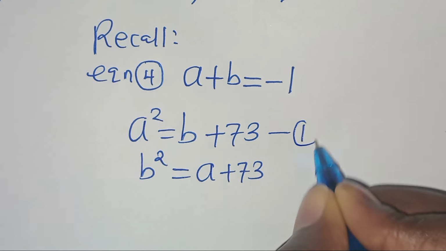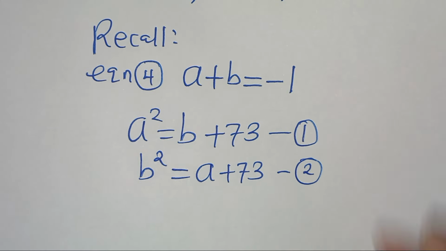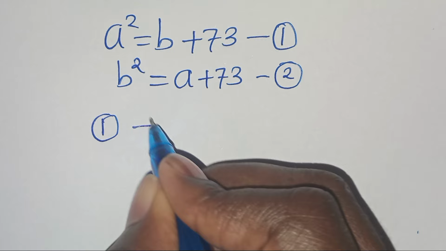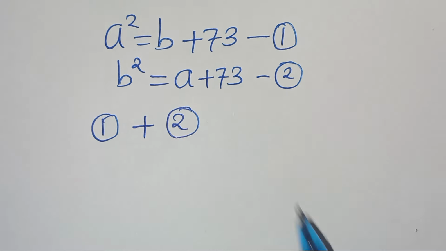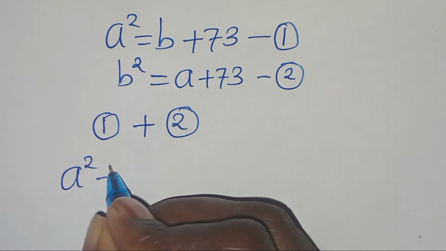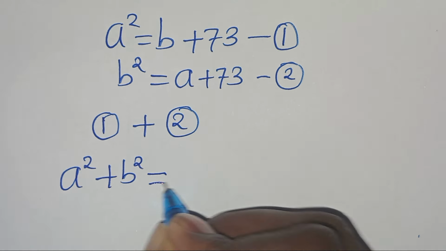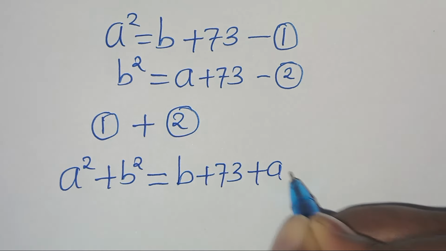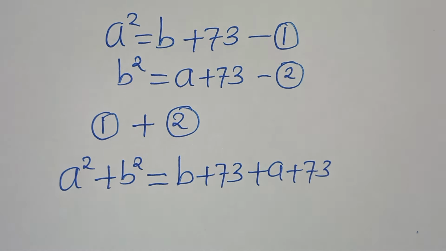So the next step is to add equation 1 with equation 2. Alright, so we have a squared plus b squared, this is equal to b plus 73 plus a plus 73.